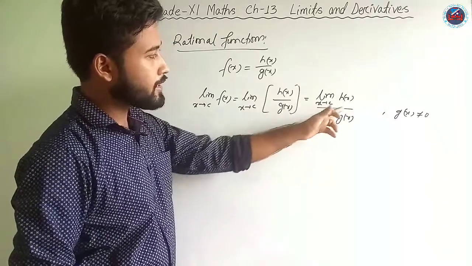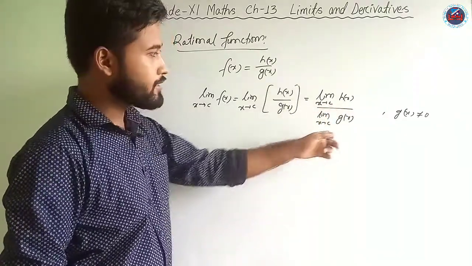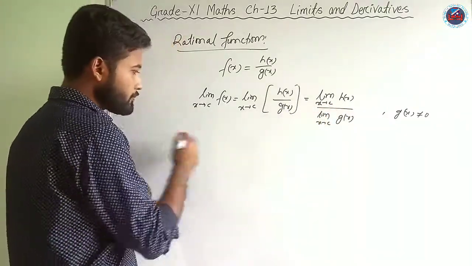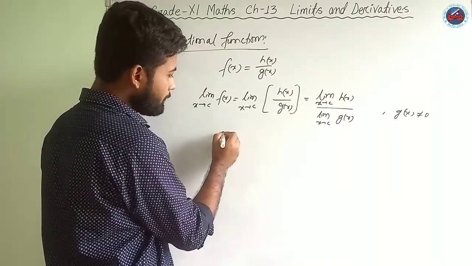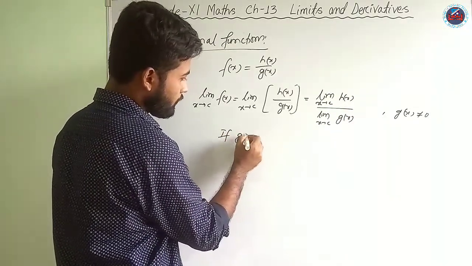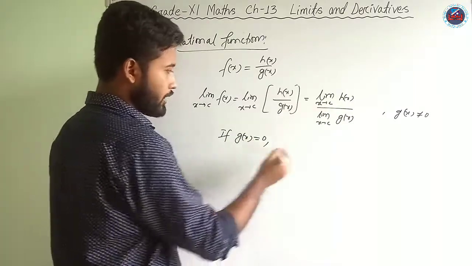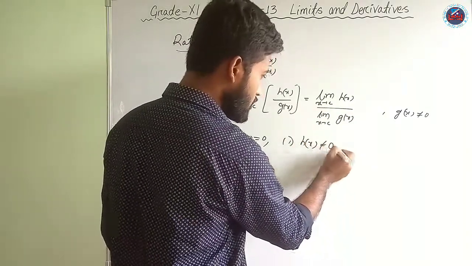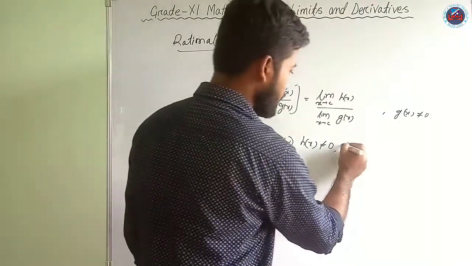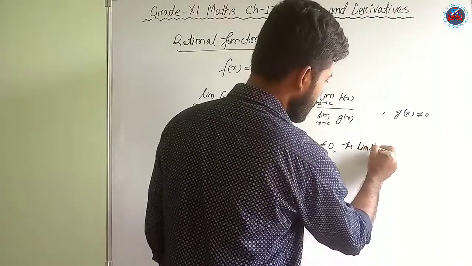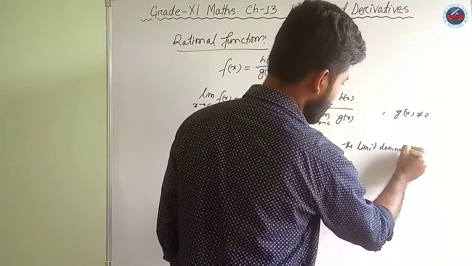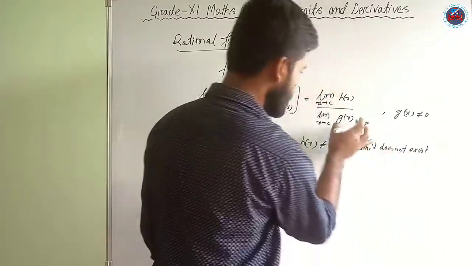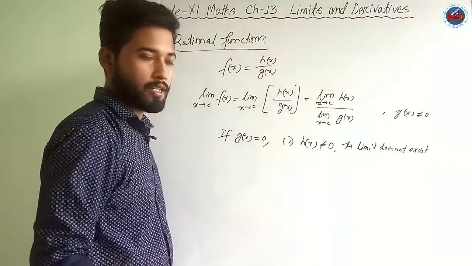If g(x) is 0, then two conditions arise. Number one, if h(x) is not 0, then we can say that the limit does not exist. That is, the denominator is 0 but the numerator is not 0, so the limit does not exist.